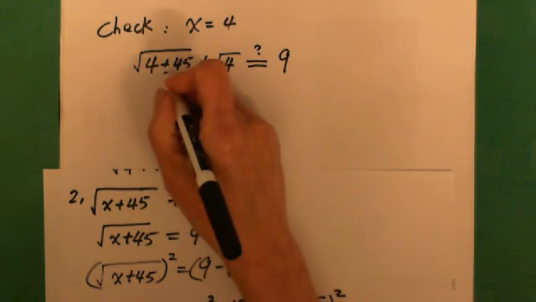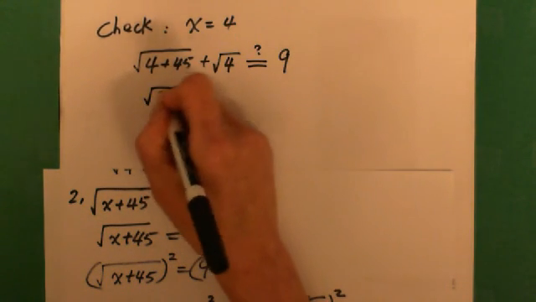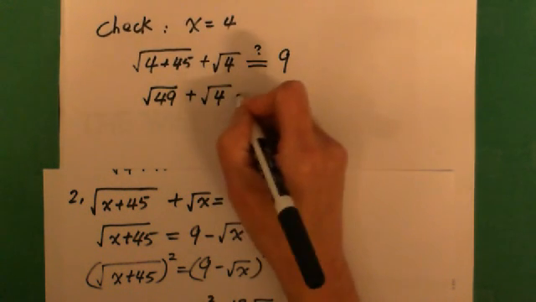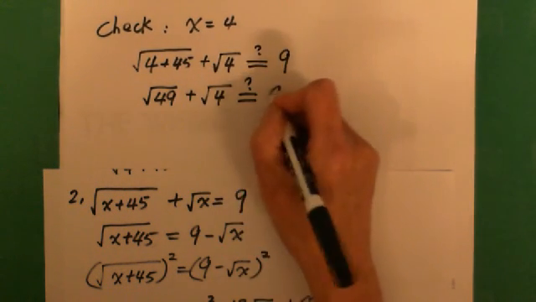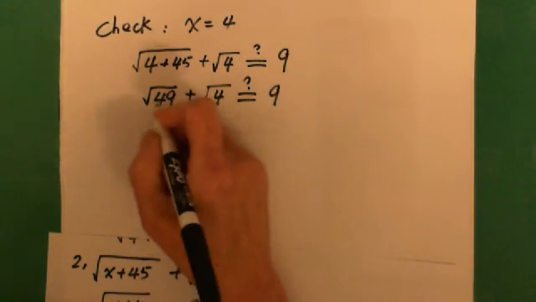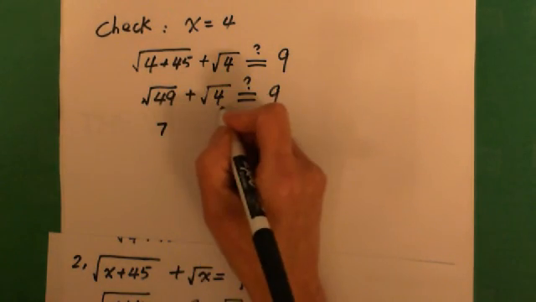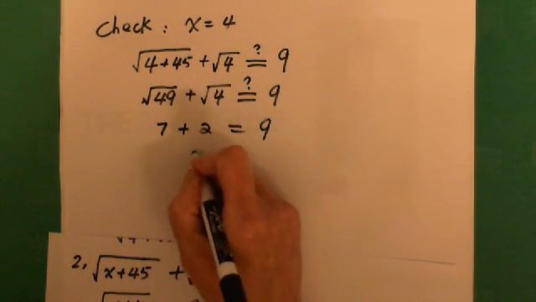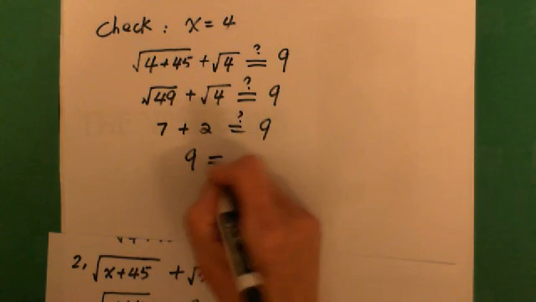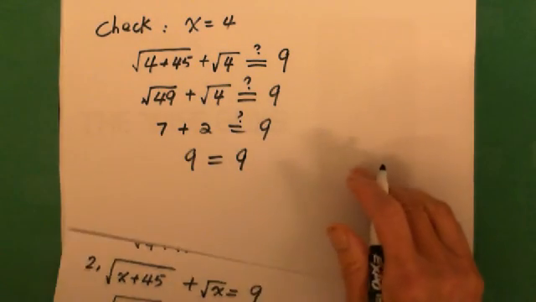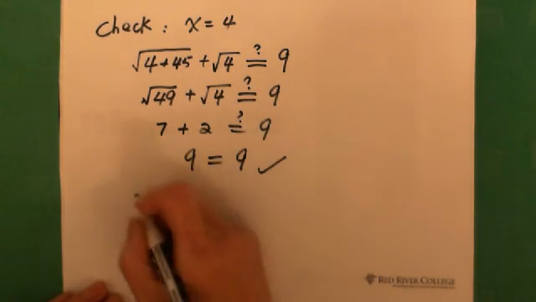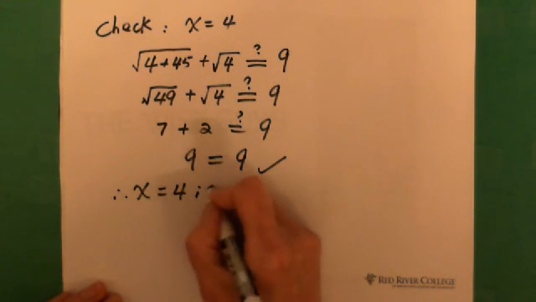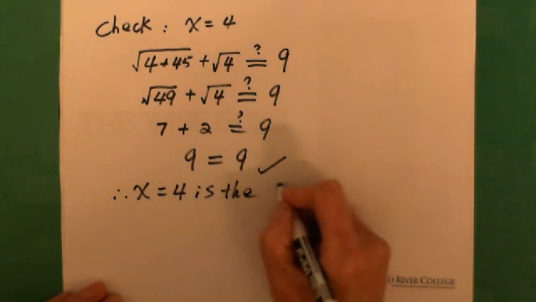So square root of 4 plus 45 is square root of 49, plus square root of 4, to see if it is 9. The square root of 49 equals 7. The square root of 4 equals 2. So you got 9 equals 9, which means this is the solution. So x equals 4 is the solution.